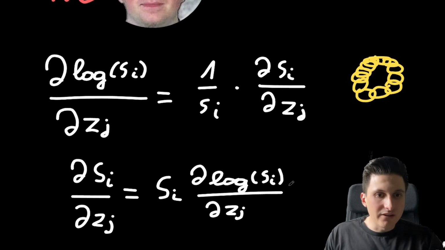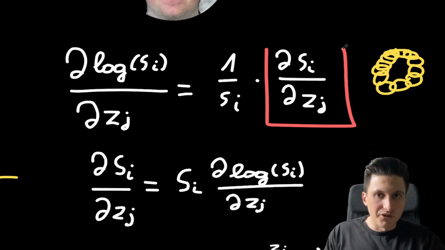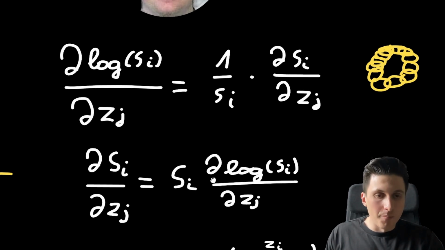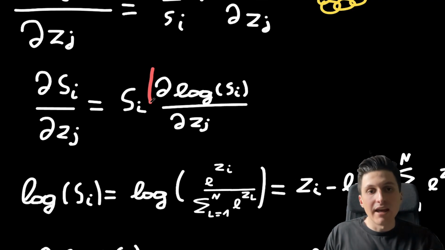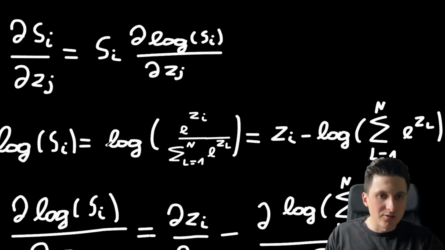So he then rewrites this formula a bit to this part, and to do that you just need to multiply this part with Si, as you can see right here. What he then goes on to do is check what actually is the logarithm of the softmax of I. It is basically the logarithm of this function.